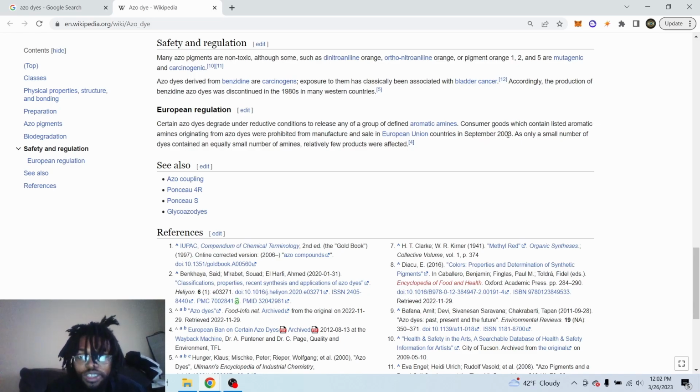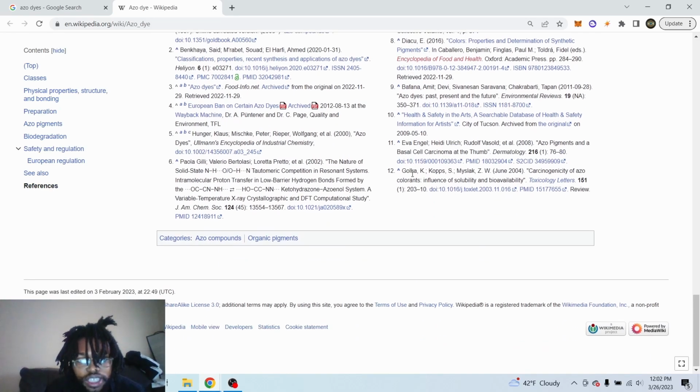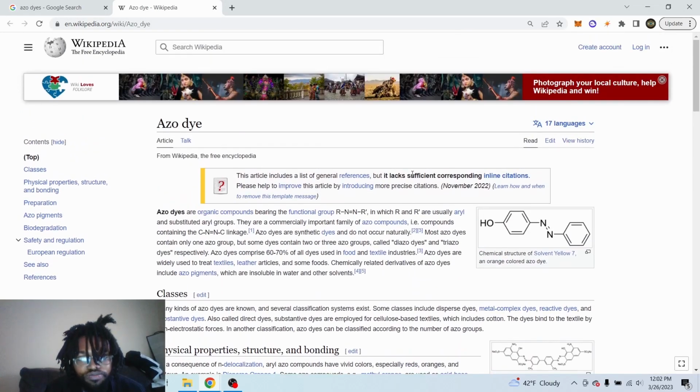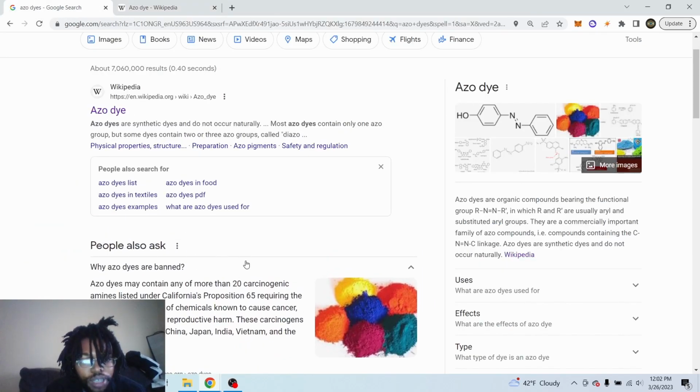That's a long time ago, literally 20 years ago, almost anyway. As only a small number of dyes contained an equally small number of amines, relatively few products were affected. Okay, that's good.